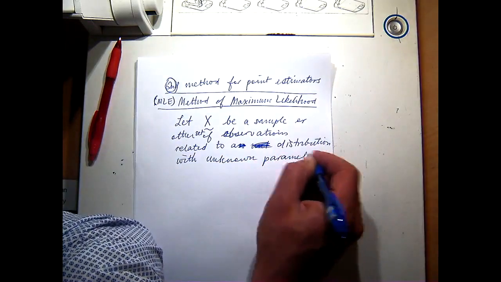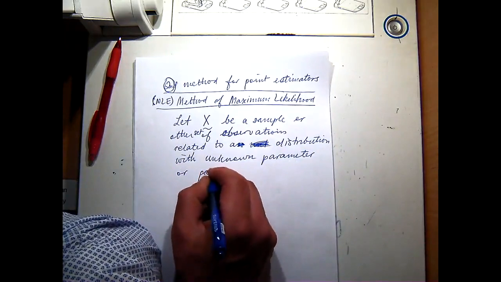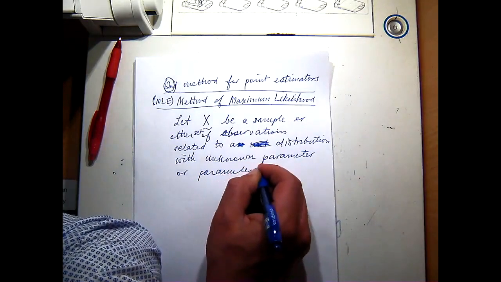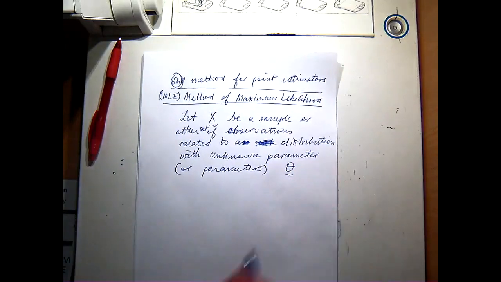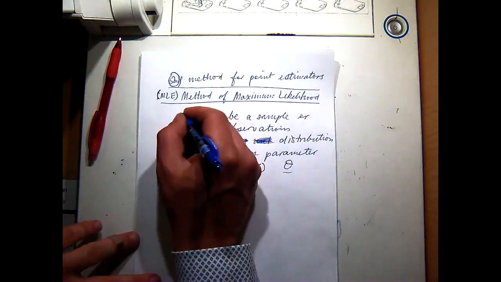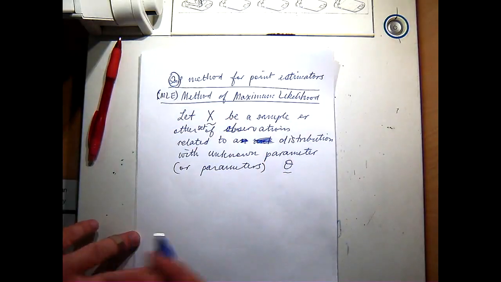You could have more than one parameter. I'll put a little underline on theta: in case there are two parameters, you just consider that a vector with two coordinates. But often there'll only be one or maybe two parameters.